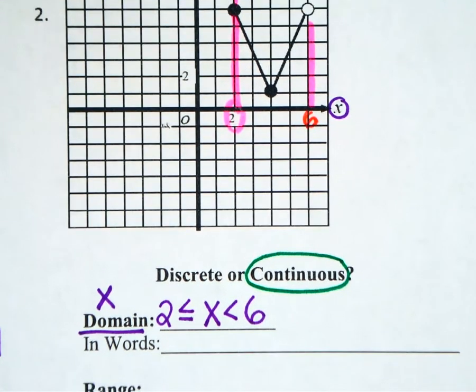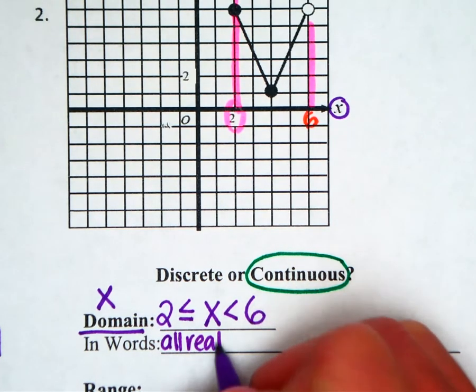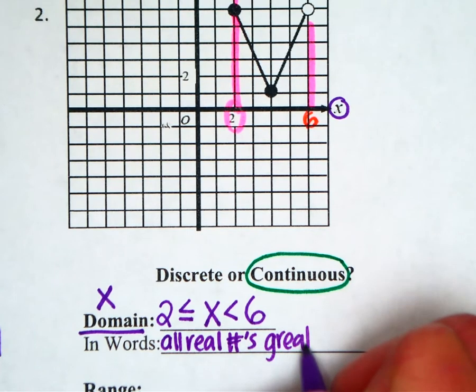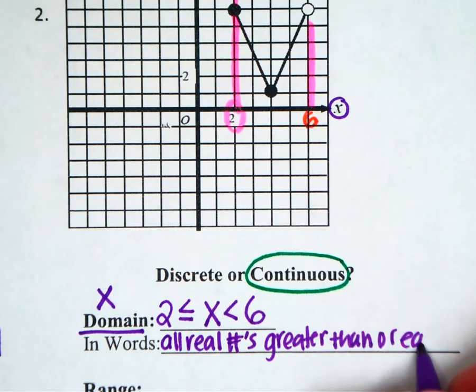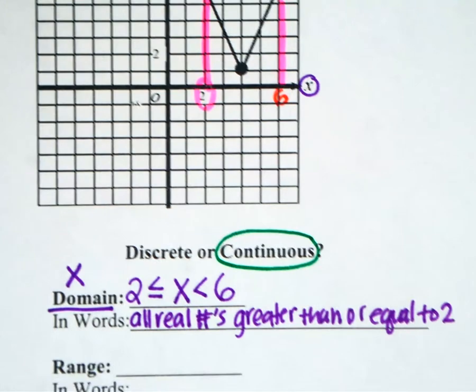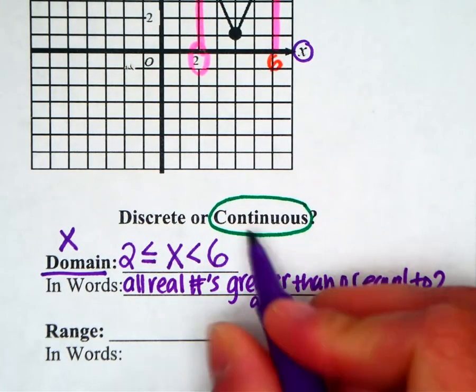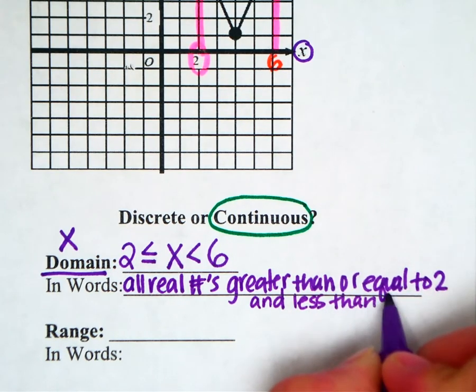Now in words, we would describe this as all real numbers greater than or equal to 2 and less than 6.